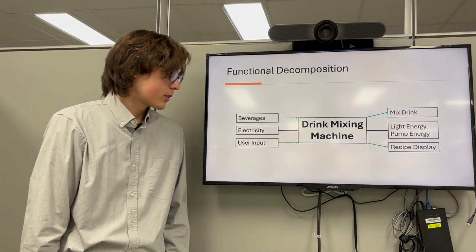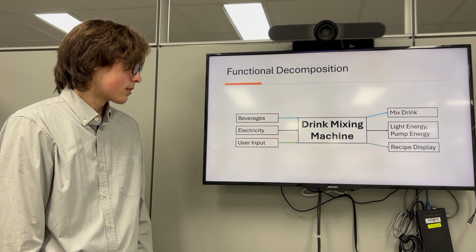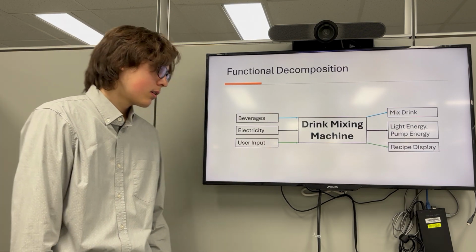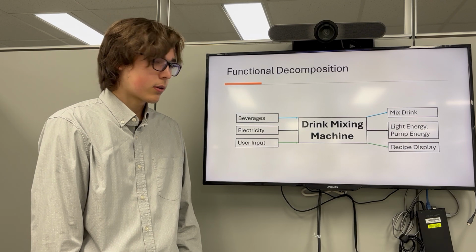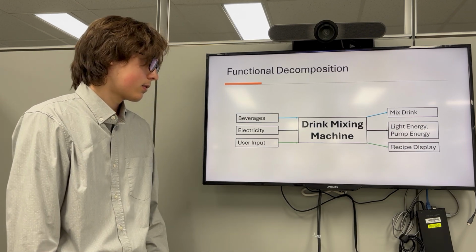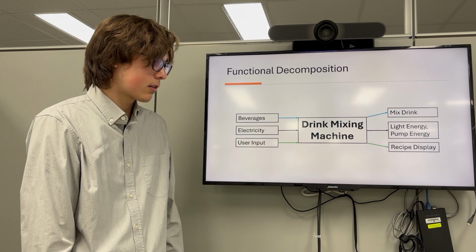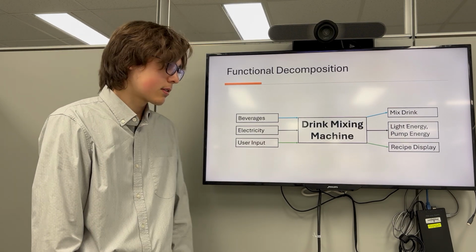Our functional decomposition for our product is that we input beverages, electricity, and user input to create mixed drinks, create light energy and pump energy for operation, and display recipes.